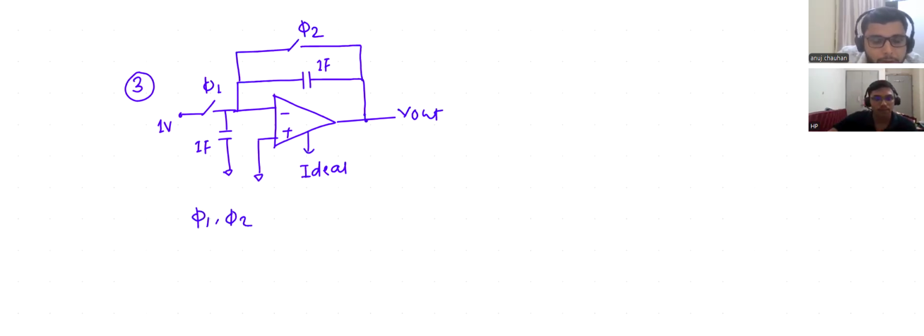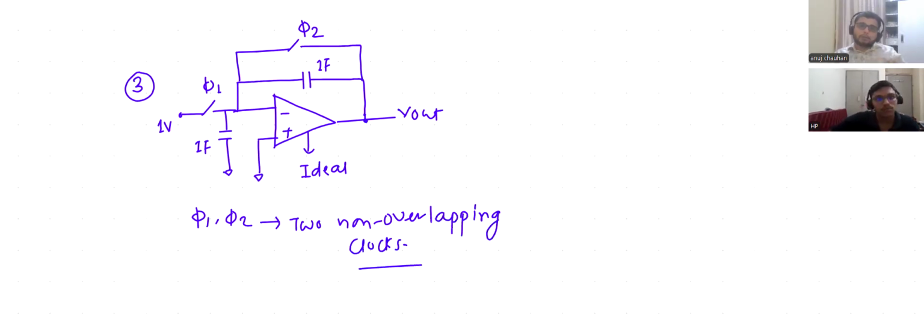Two capacitors are there, two switches are there, 1 volt DC is applied at the input. Phi1 and Phi2 are two non-overlapping clocks. I want the output voltage expression and the steady state value of the output voltage, or the plot of the output voltage.